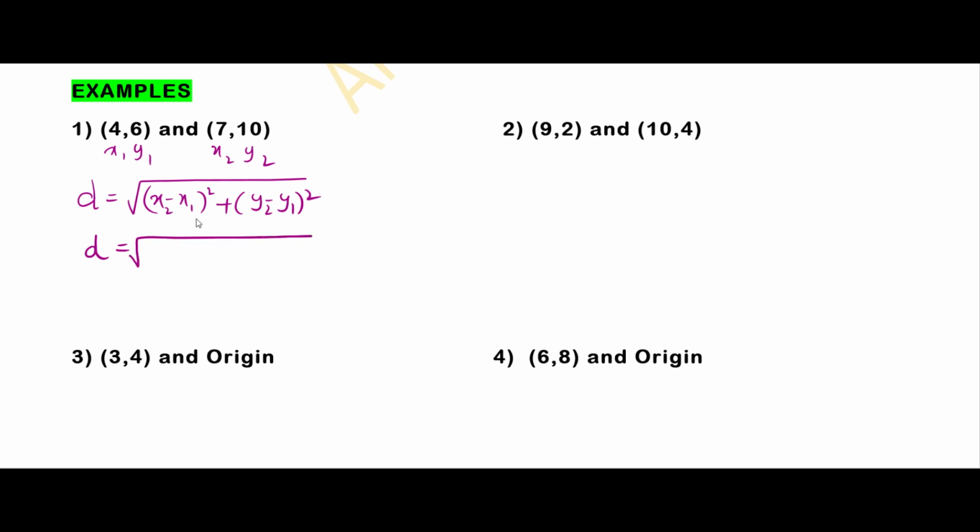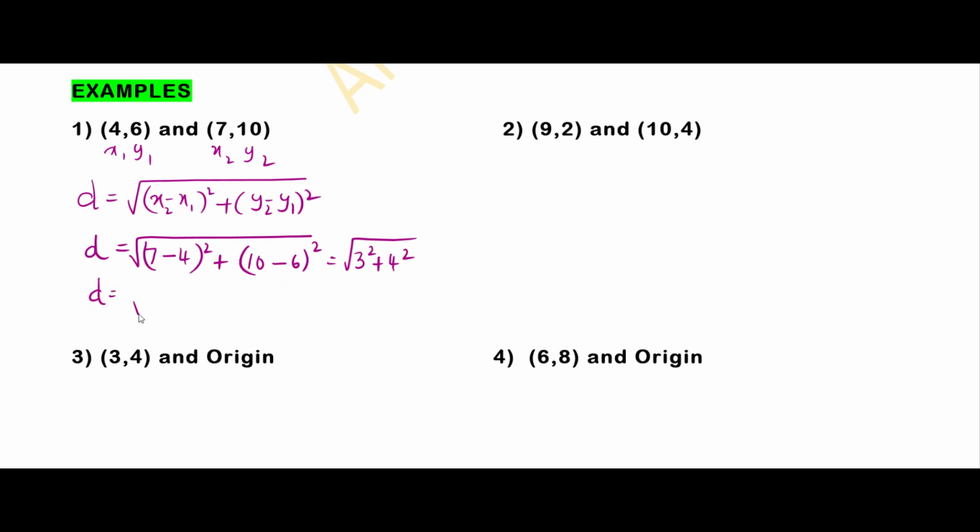Now square root of, just substitute the values. x2 is 7 minus x1 is 4 whole square plus, what is y2? y2 is 10 minus y1 is 6 whole square. We get square root of 7 minus 4 is 3 square, 10 minus 6 is 4 square.